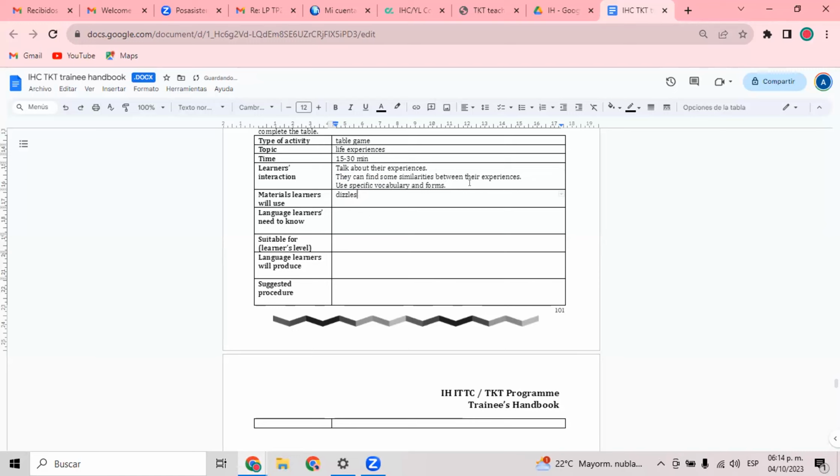Dice is with a C. The table game. Maybe coins, or what can we say? It could be some pictures to talk about there.